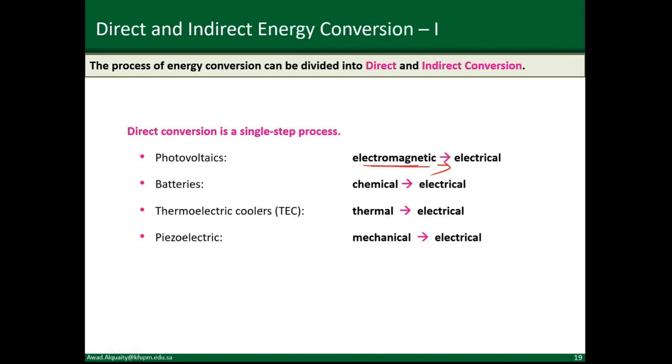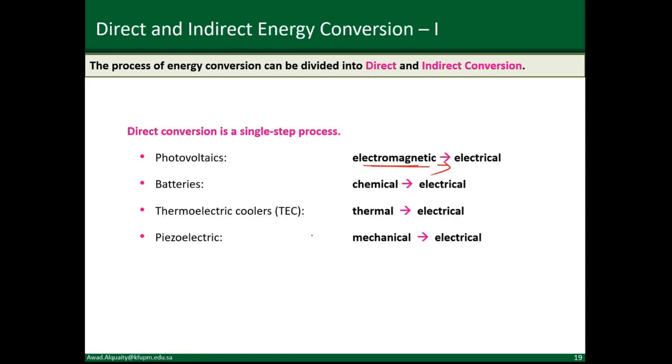Other things such as batteries, thermoelectric coolers, piezoelectric chips, all of these convert the energy in a form which is available, which could be primary, directly into the desired energy form, right? Such as batteries from chemical to electrical, TECs from thermal to electrical, and piezoelectric from mechanical to electrical, right?